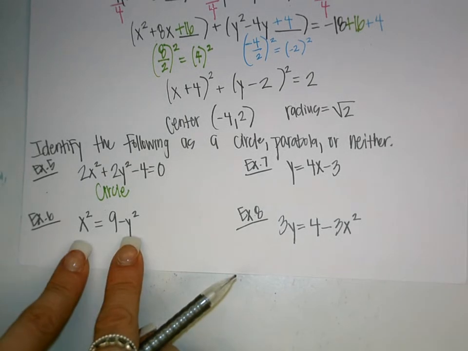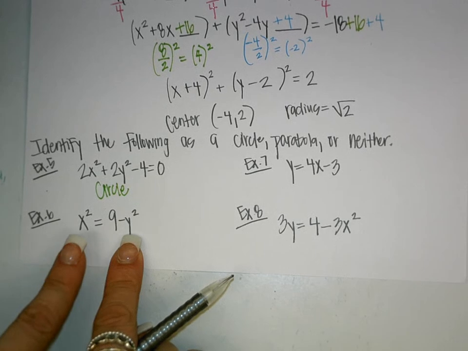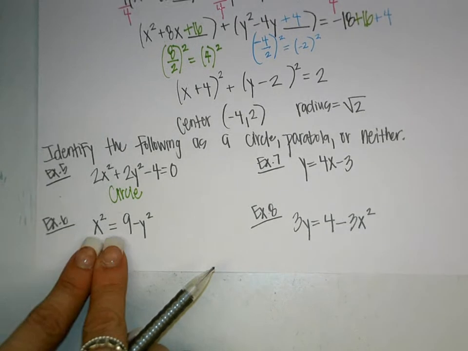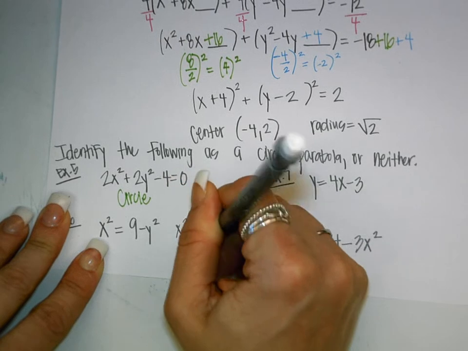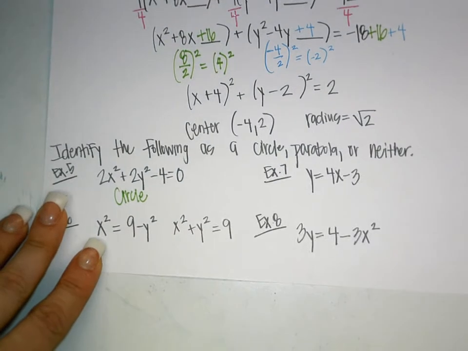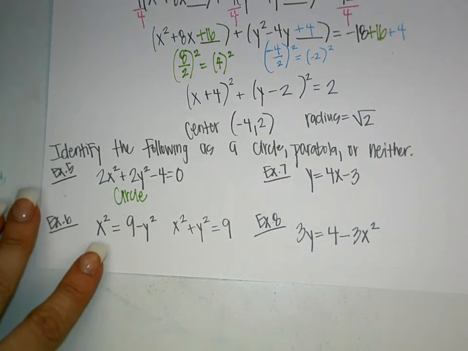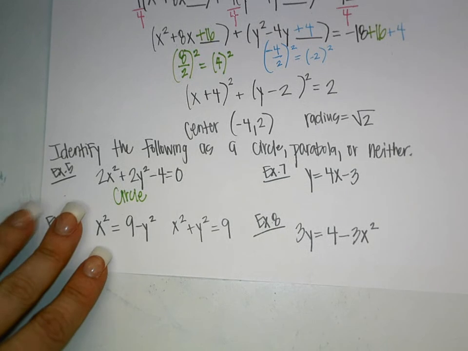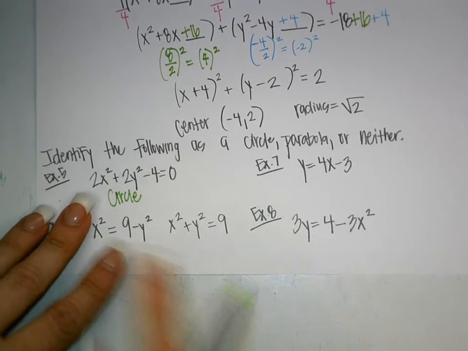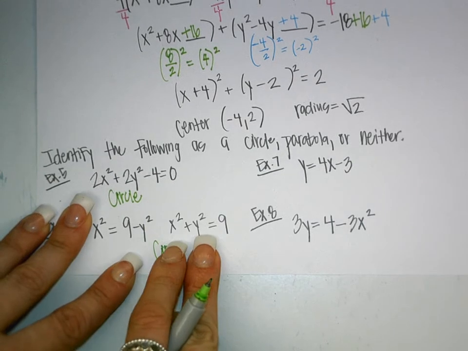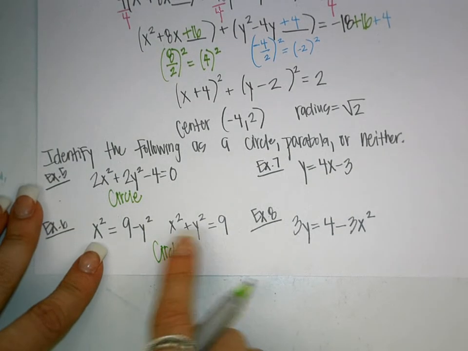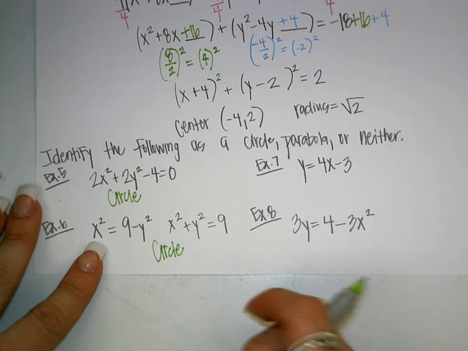Notice in all your circle equations, x squared and y squared were on the same side. If you moved this over, you would get x squared plus y squared equals 9. Now, is it a circle equation? Yes. So sometimes you have to rearrange them to determine, but this is a circle equation. Okay? 2 squares plus in between, and they have the same coefficient in front of them. So that is also a circle.